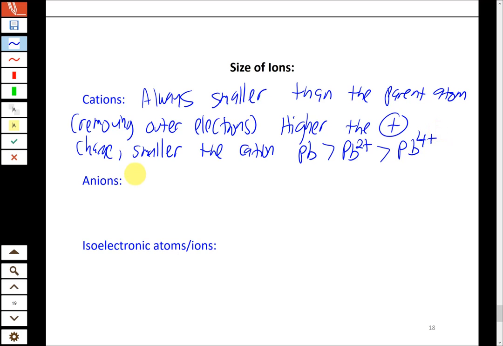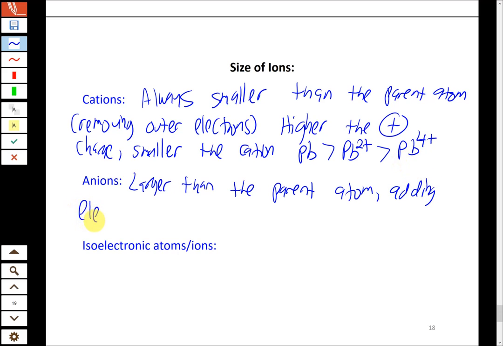And then the opposite is true for anions. They're larger than the parent atom. And the reason for this is because now we're adding electrons to the outer subshell. And even though they're in the same subshell as the valence electrons that are already there, we now have more electron-electron repulsions.